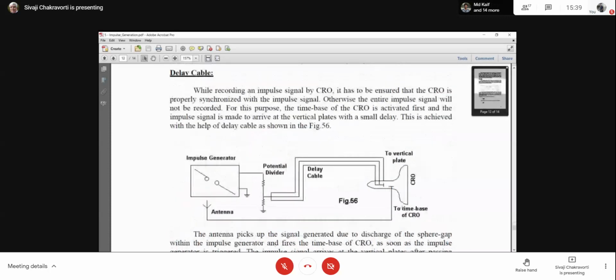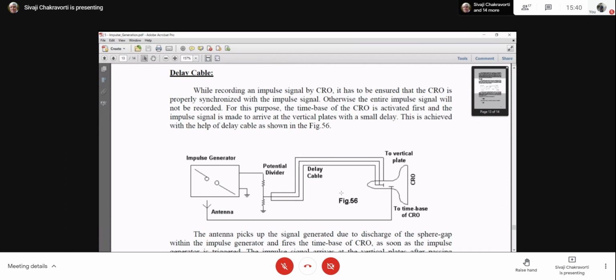Then there is a practical problem of recording an impulse. For example, we record it with the help of cathode ray oscilloscopes, which were used earlier. Now we have the digital oscilloscope. Whether it is digital or analog doesn't matter. When we were young, it was analog; today everything is digital, but still it is an oscilloscope.